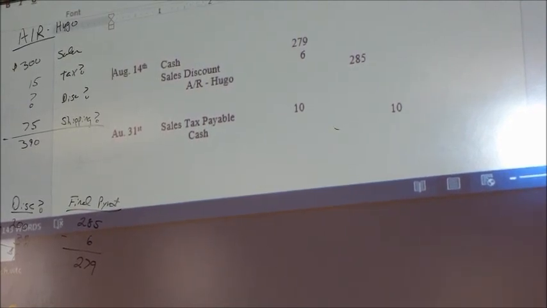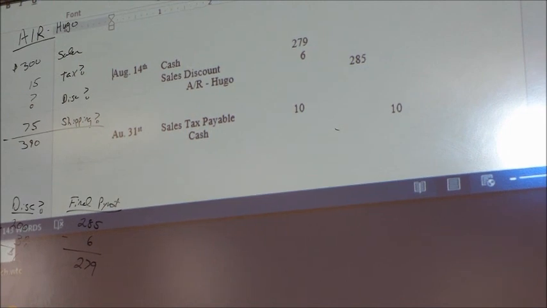You should be able to complete the income statement.